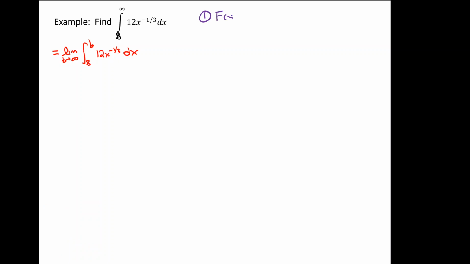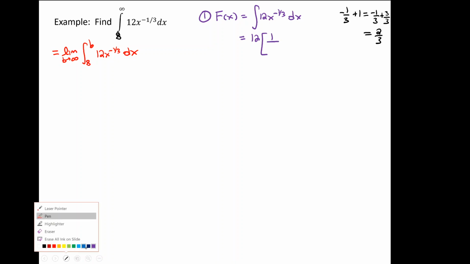We're going to do this in the same sequence as before. Step 1, find the general antiderivative of 12x to the negative 1/3. We use the anti-power rule, just like the last example. The power goes up by 1. So I'll do that calculation off to the side. Negative 1/3 plus 1 is negative 1/3 plus 3/3, which is positive 2/3. So we have 1 divided by 2/3 times x to the power of 2/3.